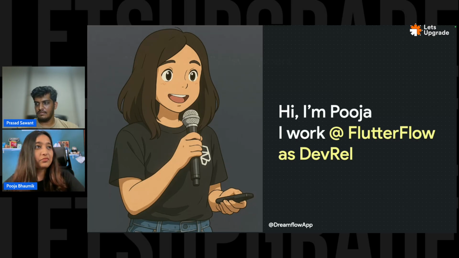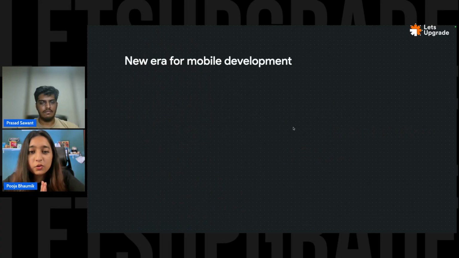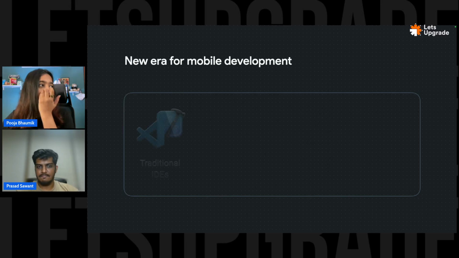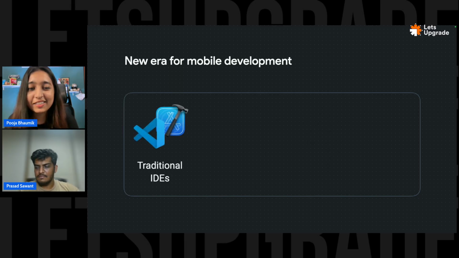All right. So I don't know if you ever worked with any mobile frameworks, but there's an entire era that happened with mobile development, right? For example, first come the traditional IDEs. If you have ever used or heard about VS Code, Android Studio, these are the IDEs that we were using for building traditional mobile apps.